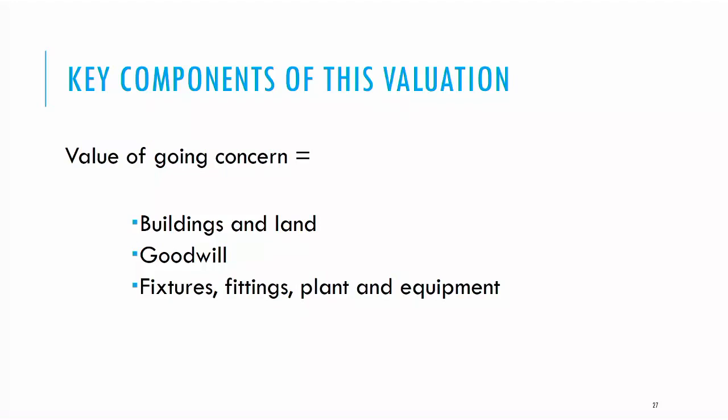How do you calculate it? That's the profit of the business. And you can see, profit and rental are two different things. Rental is to value the property, land and building, from the landlord side, and profit is to value the goodwill from the tenant side.